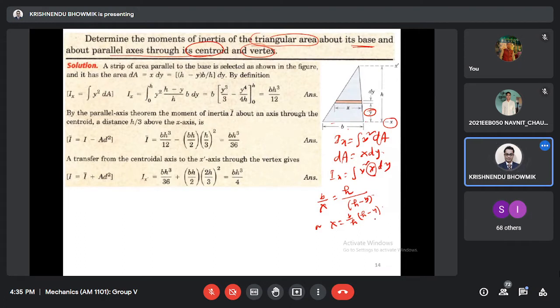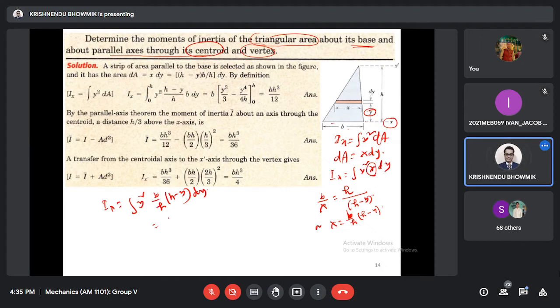Yes, sir. Then we will write Ix equal to integral of y square b by h times h minus y dy. b and h are constant.